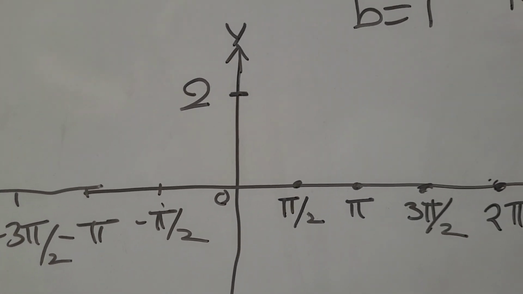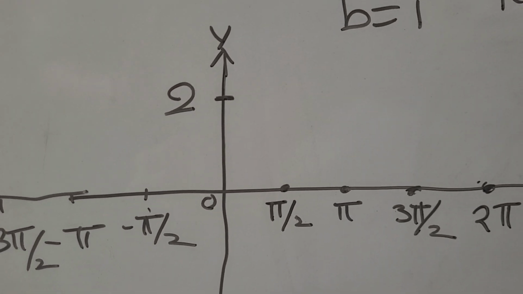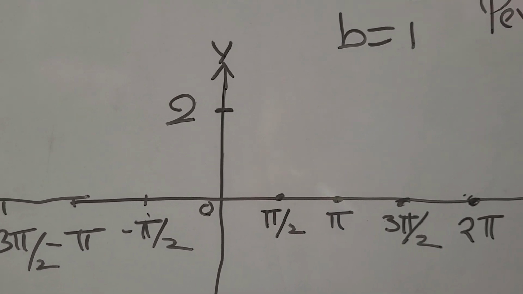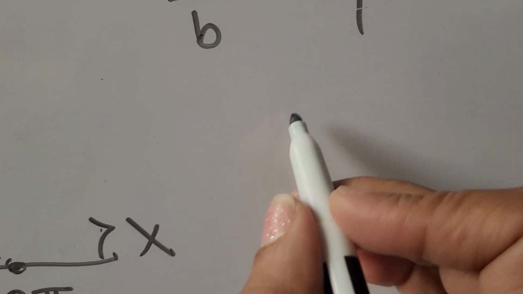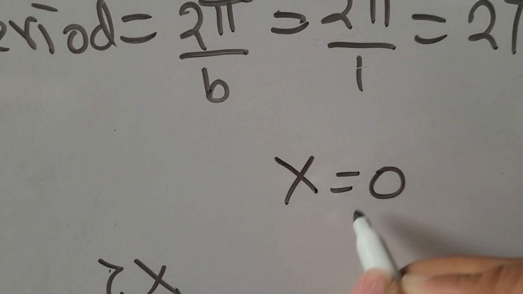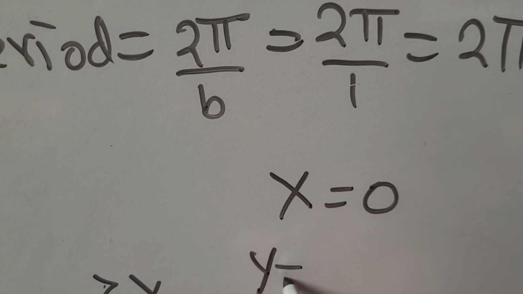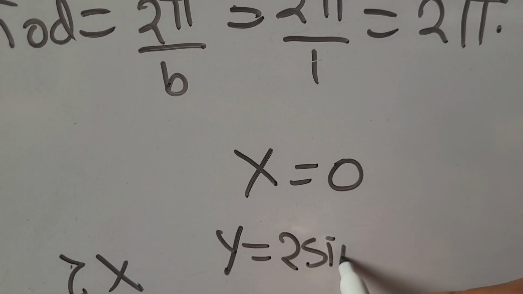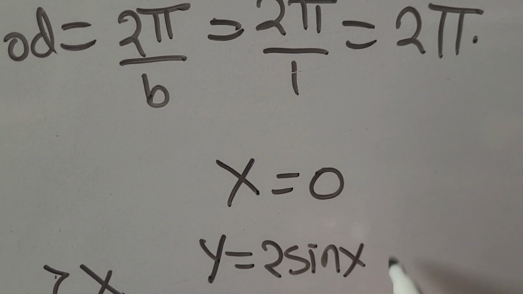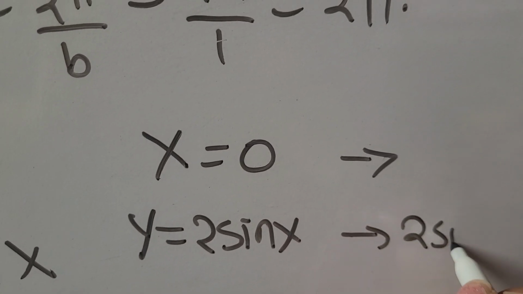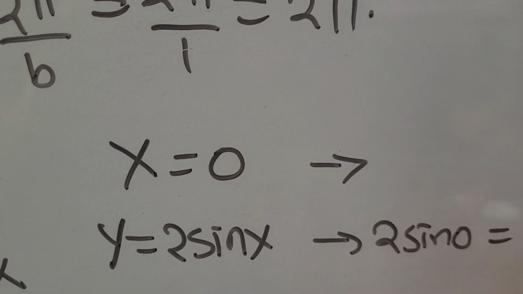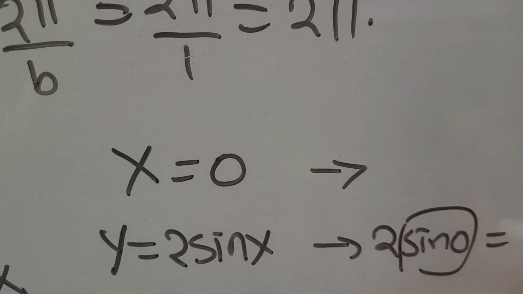Now I'm going to graph the function here. Let's find the values. Suppose for the value of x equal to 0, the function is y equal to 2 into sine x. Let's observe the values. For x equal to 0, 2 times sine 0, and sine 0 is 0, so it will be 0.